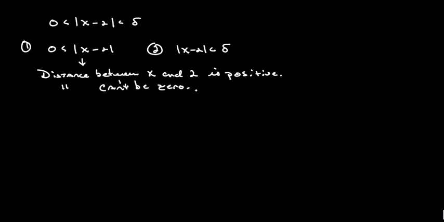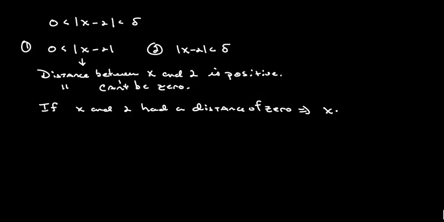Well, what would that mean? If the distance between x and 2 was 0, then that would imply that x would have to be 2. They'd be the same number, right? If their distance is 0, that means they're on top of one another, or they're the same exact value.